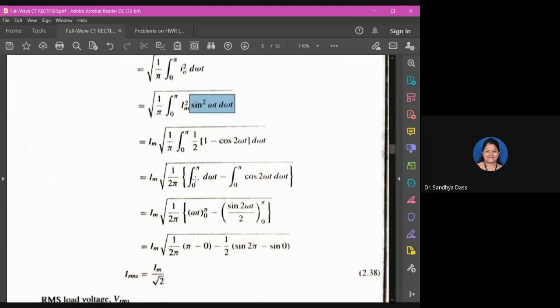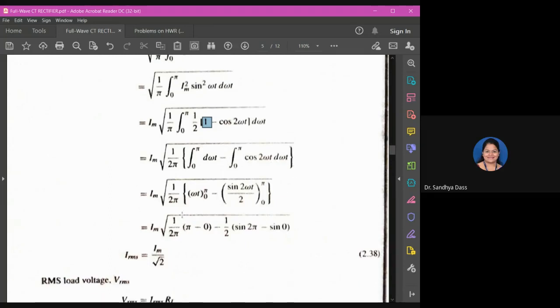So applying that equation, you are splitting now. Then using the property of the definite integral, you are now taking integration in parts, that is integration separately. So 1 by 2 Im into under the square root 1 by 2 pi, taking 2 outside there. So 0 to pi, the first term, 1 into d omega t minus 0 to pi cos 2 omega t d omega t, right?